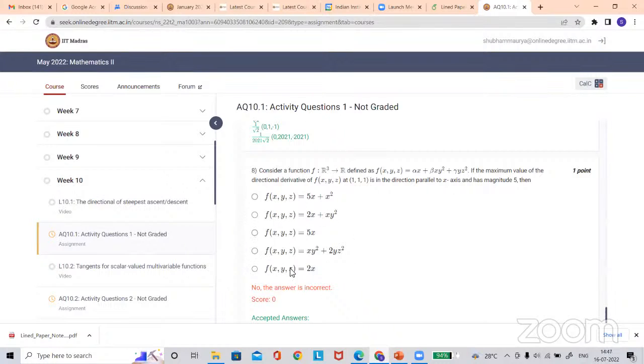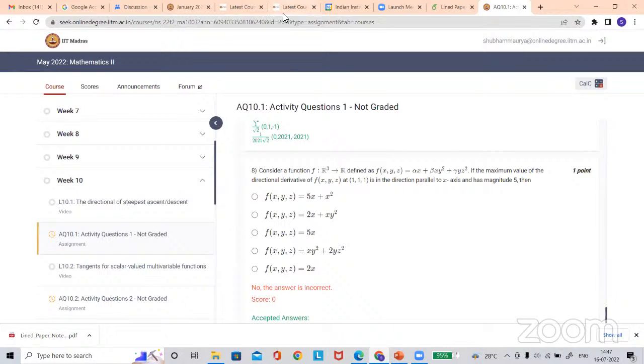It is better to go with the options: do the partial derivative, find the directional derivative at that point, and which one gives 5. You can do that, you can match. Okay, sir.